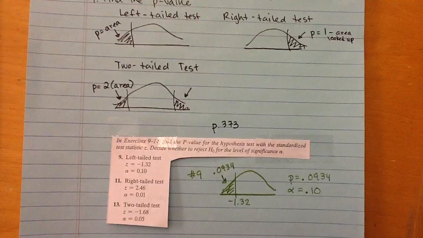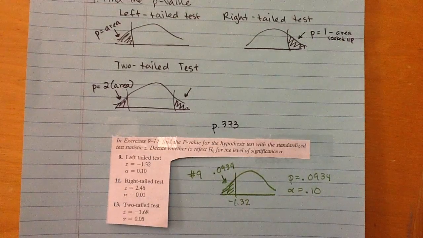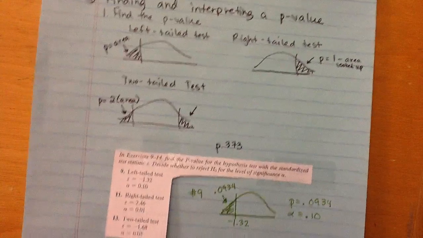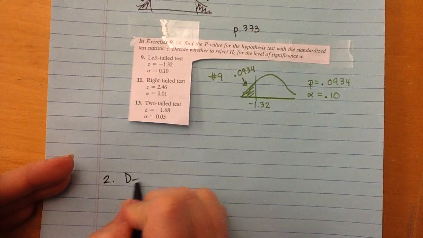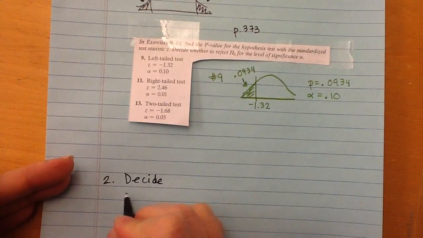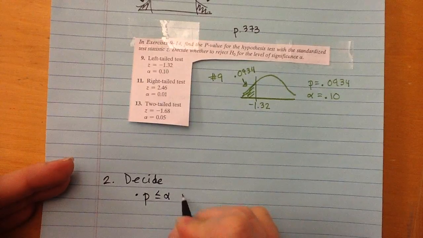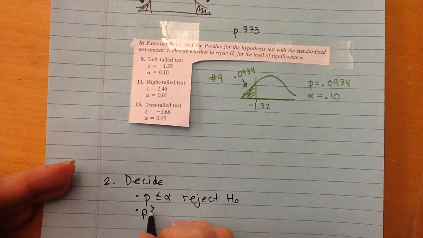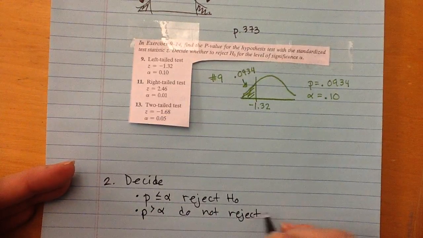Once we've found our p-value, the next thing we're going to do is make a decision. So step 1, find the p-value. Step 2, decide. The way that we decide is that if p is less than or equal to alpha, we reject H sub 0. And if p is greater than alpha, do not reject H sub 0.